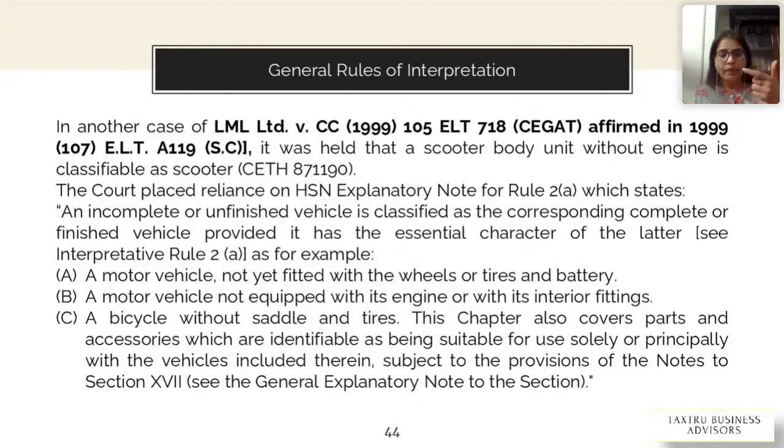But when it is imported, it is always in CKD format, so they may classify it under a part or some other chapter heading. But the customs has said no, it just needs a simple process by virtue of which the whole unassembled product has the essential characteristics of the finished product. So it will be classified under Segway only and not under any other part.